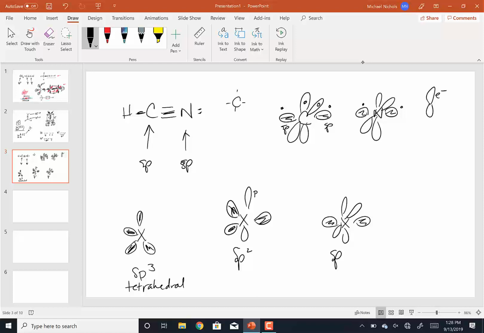For nitrogen, how many electrons do I have to place in this? 5. So 1, 2, 3, 4. Where does the 5th one go? It has to go in a hybridized orbital. The hybridized orbital on the left or the right? On the right, because in the Lewis dot structure, that's where they are. And so now I can pair up these to form a sigma bond, and my hydrogen on the left in my structure here, I'm going to use to bond that.